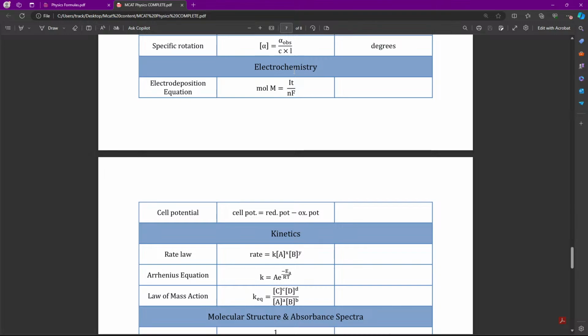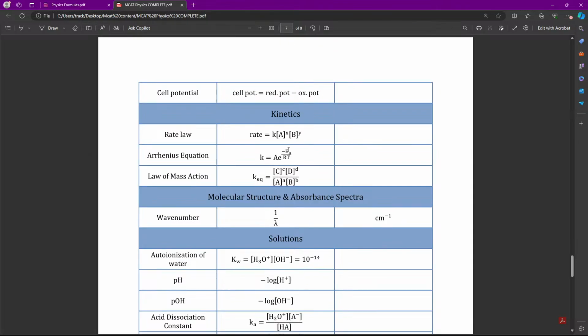Electrochemistry, electrodeposition equation is It divided by F. Cell potential is E reduction minus E oxidation. Kinetics, rate equals k times A to the power. The rate constant k equals A times e to the negative Ea over RT.